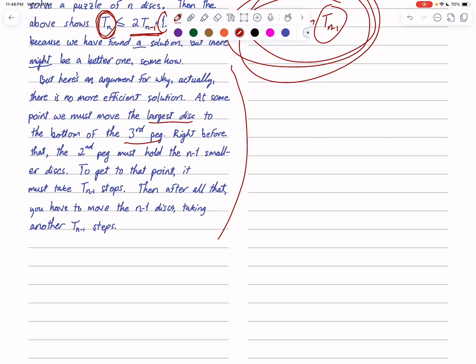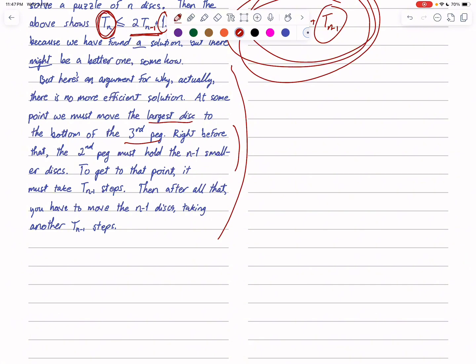Well, that largest disk must be sitting at the bottom of the 1st peg, and the 3rd peg must be empty, so all of the n-1 other plates are on the middle peg, and they have to be stacked, because one of the rules is that small plates go on top of bigger plates. So they all have to be stacked from least to greatest on that middle peg.